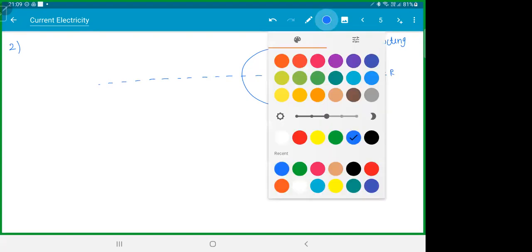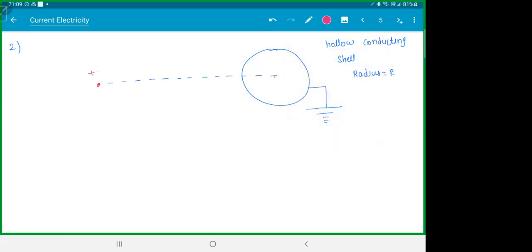Next thing, if I want to ask you this question a little tougher. So this is grounded. This is a hollow conducting shell. Radius r. From the center at a distance, we have a charged particle plus q traveling with speed u.